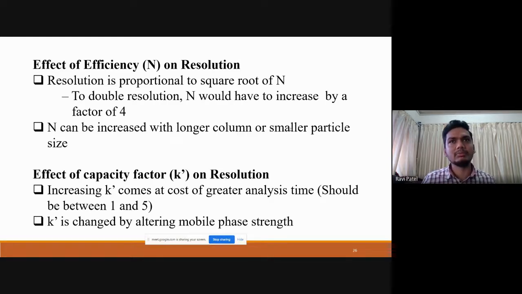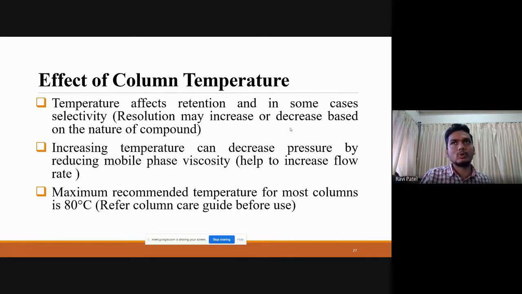Capacity factor is nothing but the retention time, and it generally depends upon the mobile phase strength, because by this way we are changing the retention time. So these are the terms that correlate with our method development parameters as well.